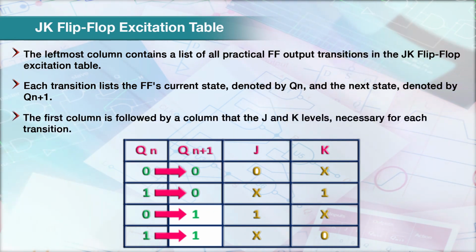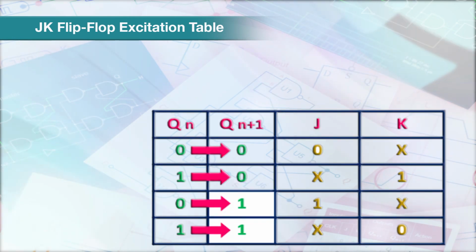The first column is followed by columns for the J and K levels necessary for each transition. The table displays how the state transition can be done using a flip flop.